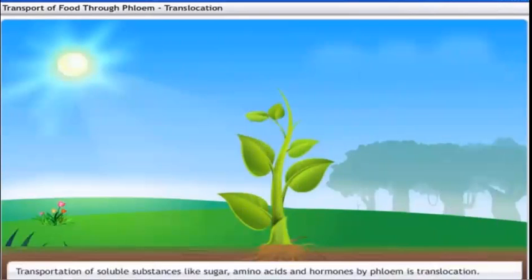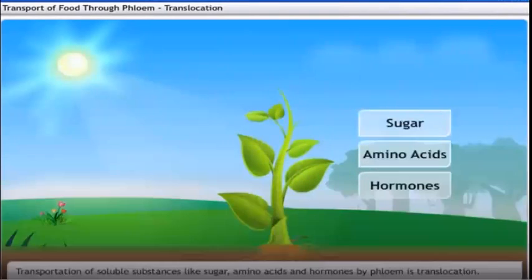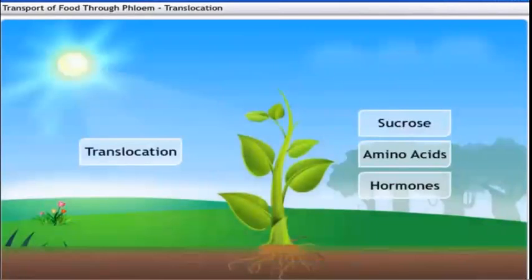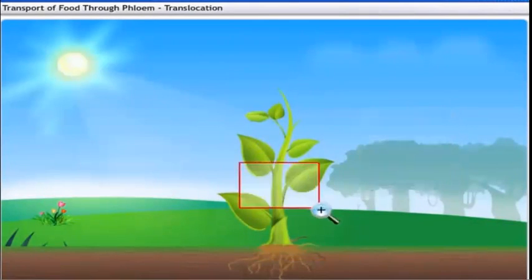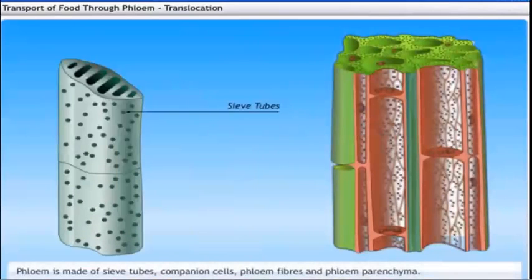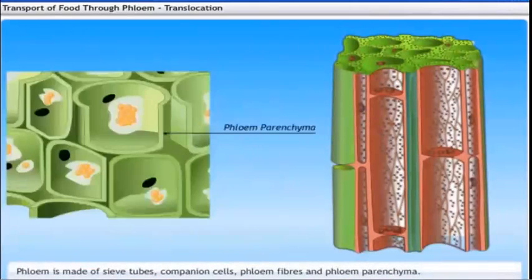Thus, the food not only moves downward, but also in upward direction. Transportation of soluble substances like sugars, amino acids, and hormones by phloem tissue is called translocation. Sugar is translocated in the form of sucrose. Phloem is made of 4 types of cells: sieve tubes, companion cells, phloem fibers, and phloem parenchyma.